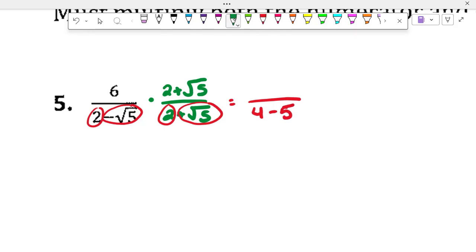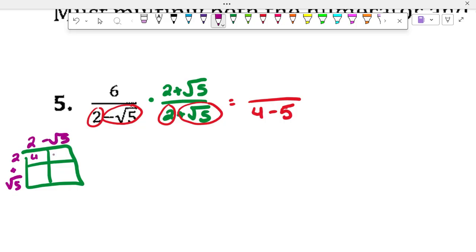And again, if I did do that quick box, which you don't have to write down if you don't want to, I have 2 minus square root 5, 2 plus square root 5, 4, negative 2 square root 5, positive 2 square root 5, negative 5. These two terms would cancel out. So in reality, we don't need to worry about that middle term because it'll end up canceling out anyway. So that's kind of a way you can shorthand it.